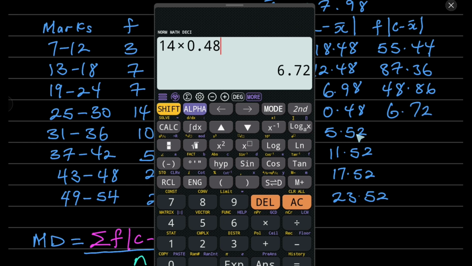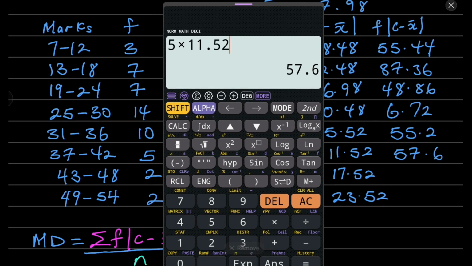Next, 10 times 5.52 is 55.2. Then 5 times 11.52 is 57.6. Then 2 times 17.52 is 35.04. Then finally 2 times 23.52 is 47.04.